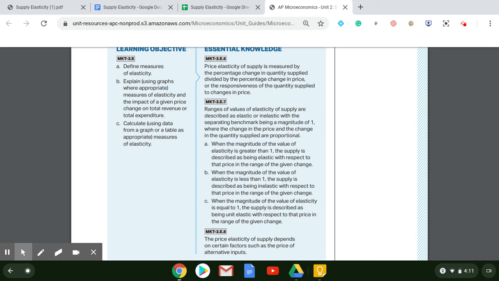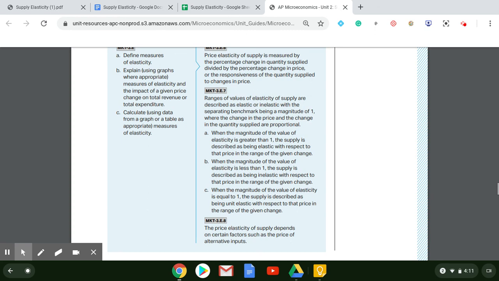We'll have values that represent elastic supply, unit elastic supply, and also inelastic supply. And then finally, we'll talk about what influences the elasticity of supply. Why would a supply be inelastic versus why would it be elastic? So on and so forth.